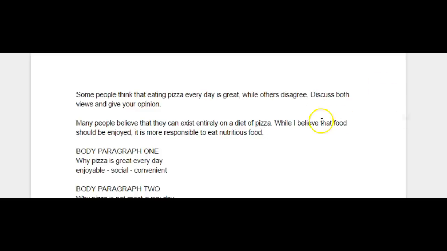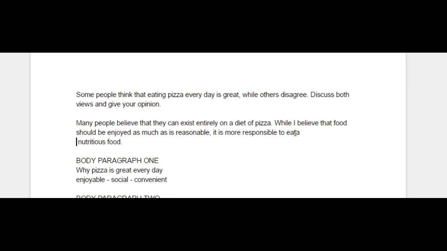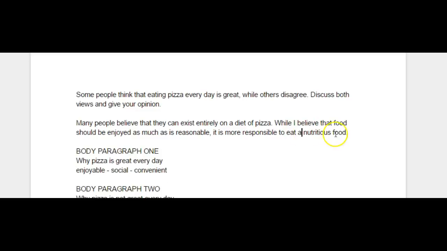While I believe that food should be enjoyed as much as is reasonable, it is more responsible to eat. No, a nutritious diet. And then we're not repeating ourselves. There we go. So now we've got our intro. We know that we have considered everything and that we've given an opinion.